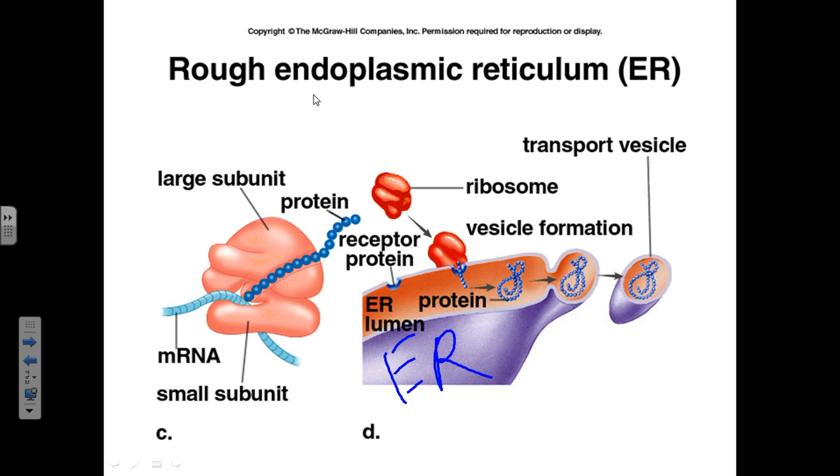Eventually, that protein is going to get to the end of the ER. And what's happening right here? Yeah, the ER is made of a membrane, right? The membrane pinches in on itself, and eventually it wraps up that little protein in like a little baggie. What's the word for a baggie in a cell?